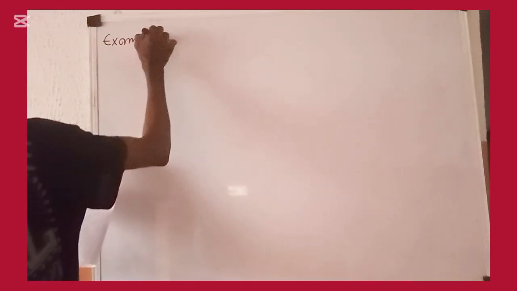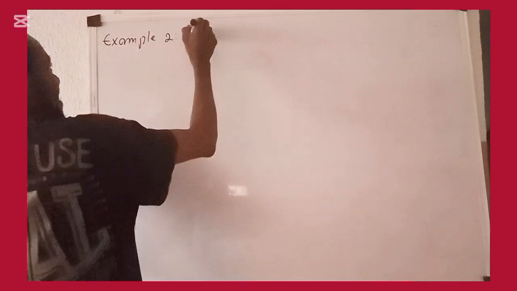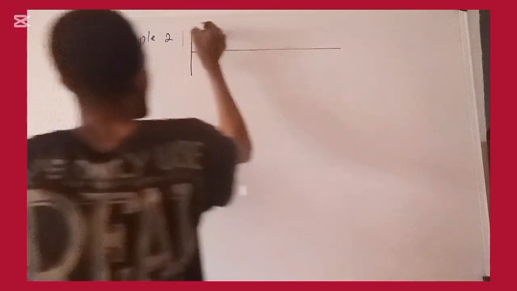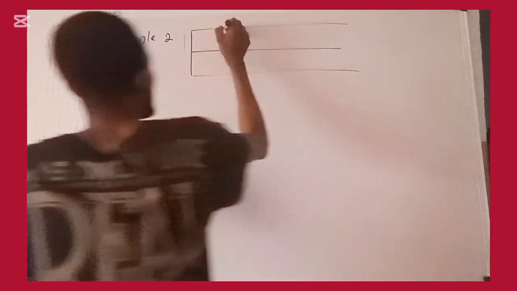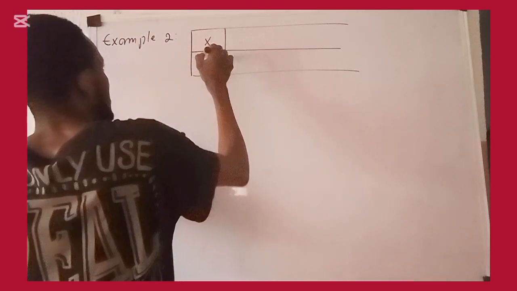Our Q2 says, which is example 2 now, they gave us a data set, and that data set is given this way. Look at the data set. So here is our X, here is our F.